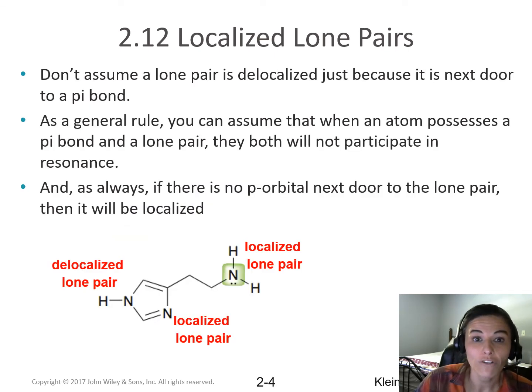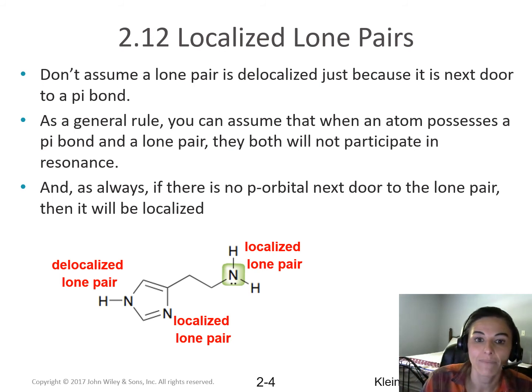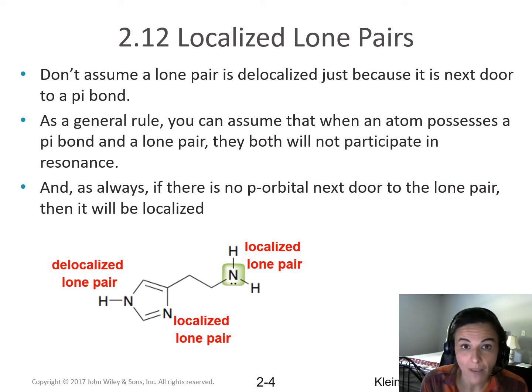In order for a lone pair to be in resonance and be delocalized, two things need to be true. Okay, number one, the lone pair must be on an atom with a steric number of 4. We looked at this in chapter 1. When it comes time to decide an atom's steric number, we count sigma bonds and lone pairs.